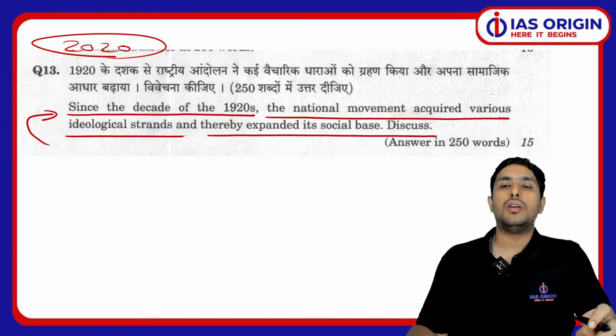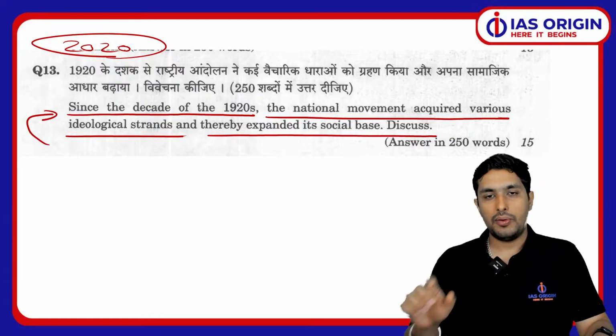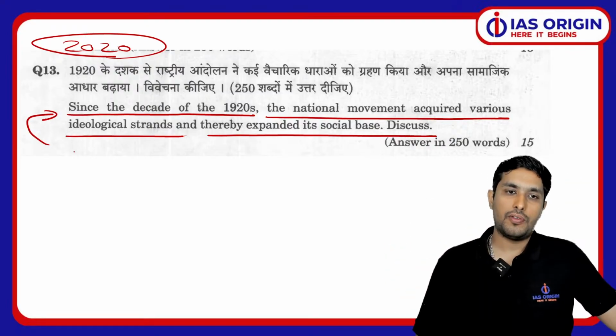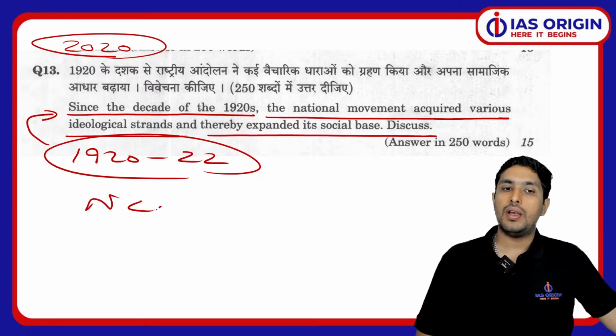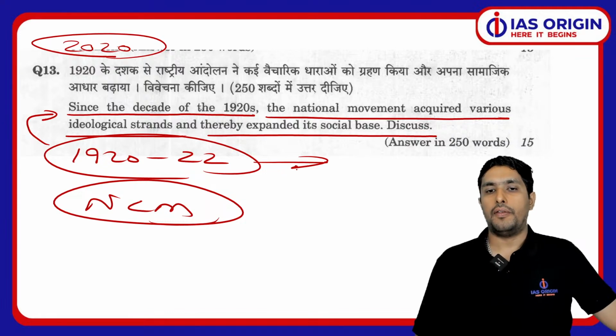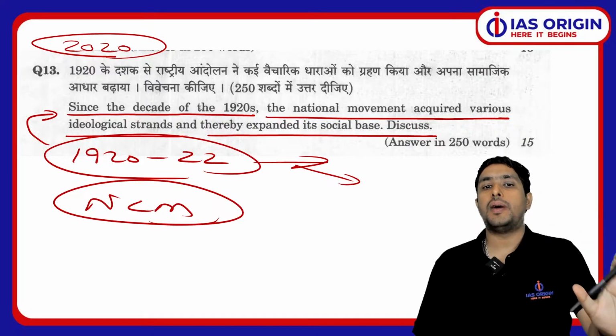So you have to interlink a few topics. Whenever we are talking of this particular thing, what we observe now in the 1920s, what is happening, you should firstly understand that from 1920 to 22 we had the NCM going on. But after the NCM, what? After the NCM, we are seeing the Gaya session happened, and there the Swarajist party is coming up.